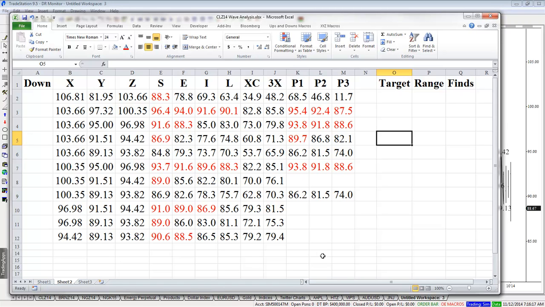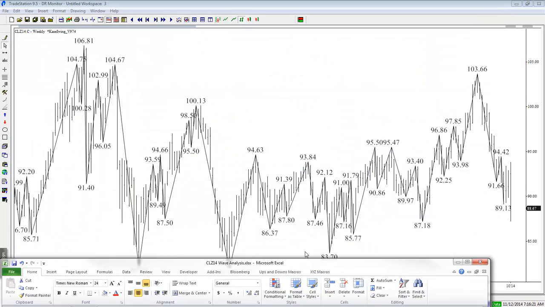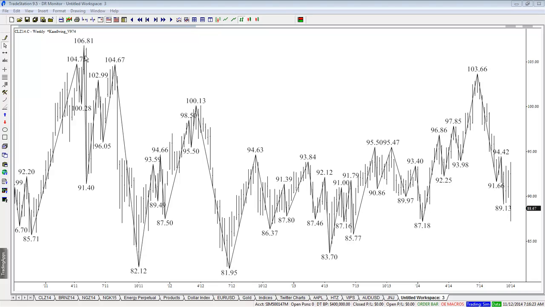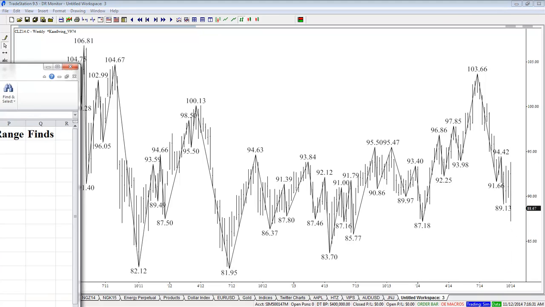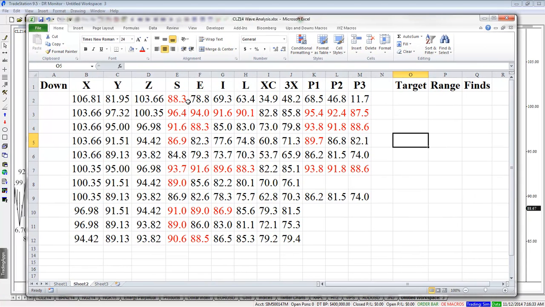And the way that I like to do this is I look at my important waves and I try to get a sense of where the market's going based upon those waves. So the largest and most important wave that we have on this chart is the 106.81 down to 81.95 back up to 103.66. That wave just recently met its smaller than target.